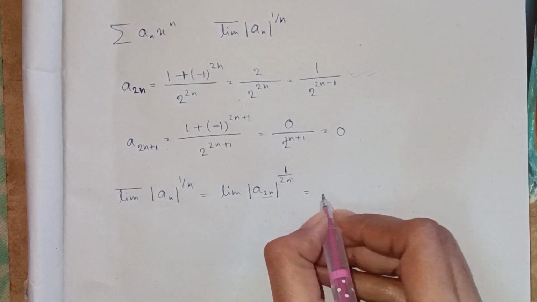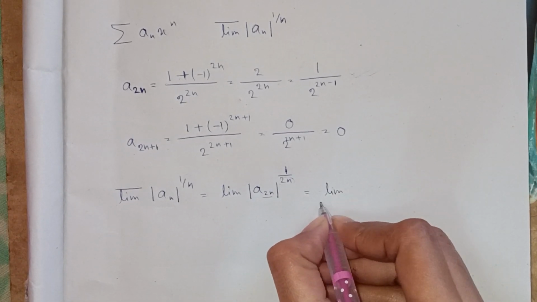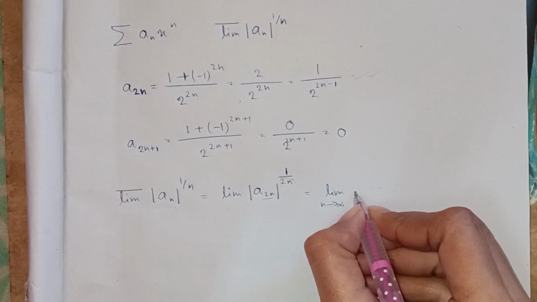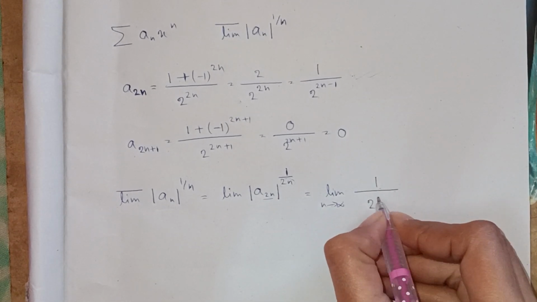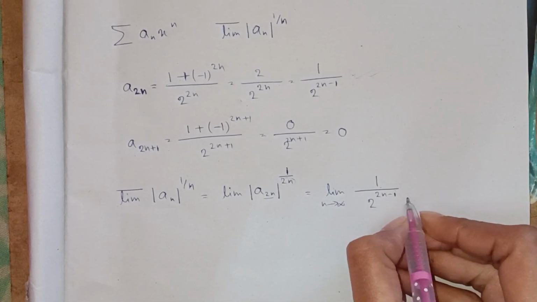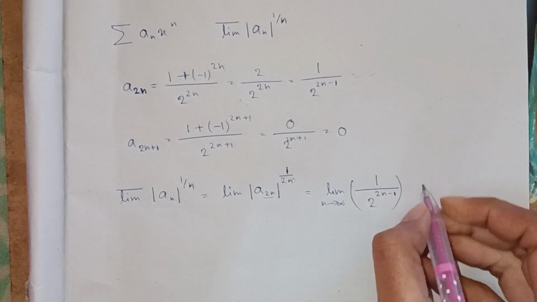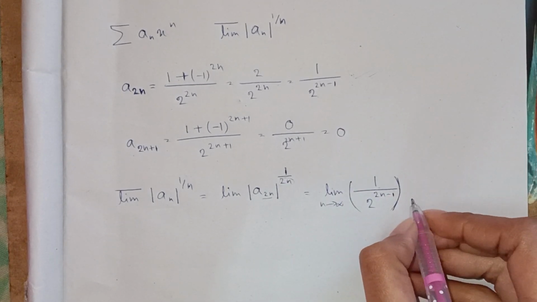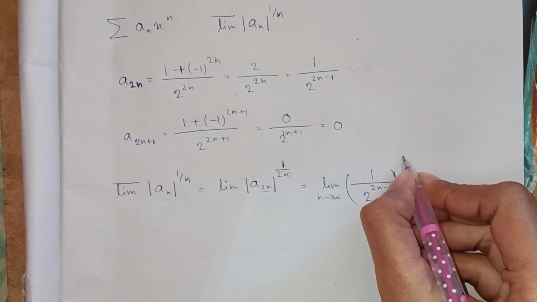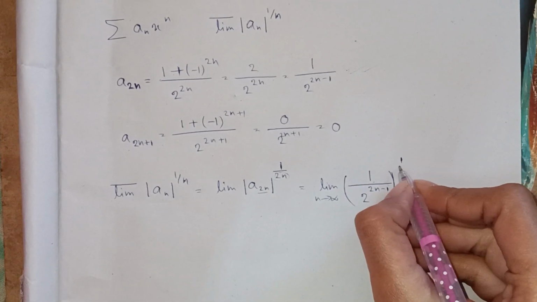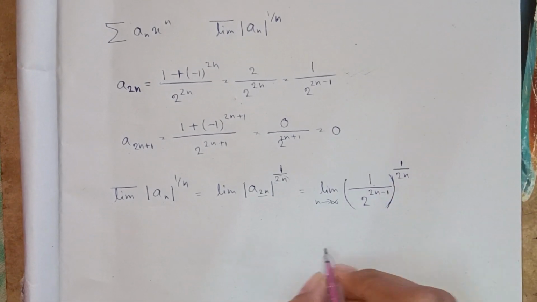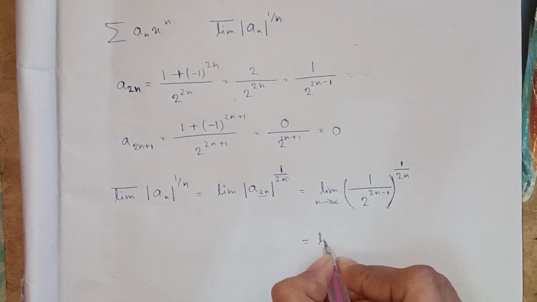So it will become limit of n tends to infinity 1 over 2 to the power 2n minus 1 whole to the power, this is positive, so we omit the mod sign. Okay, 1 over 2n. So it will become what?